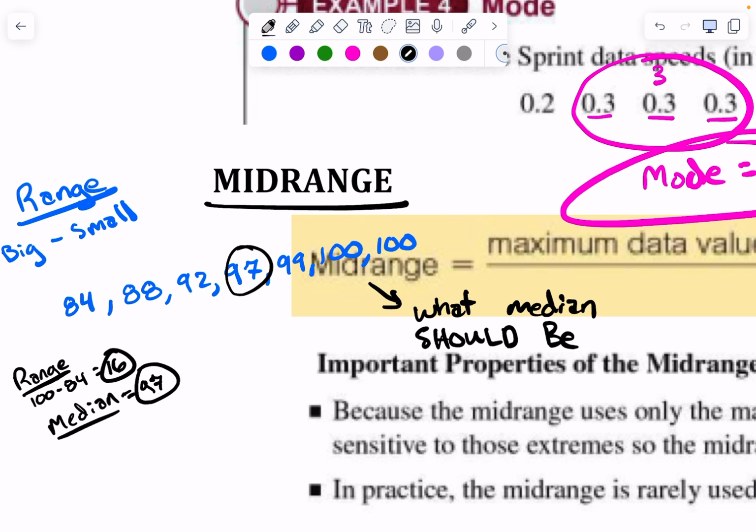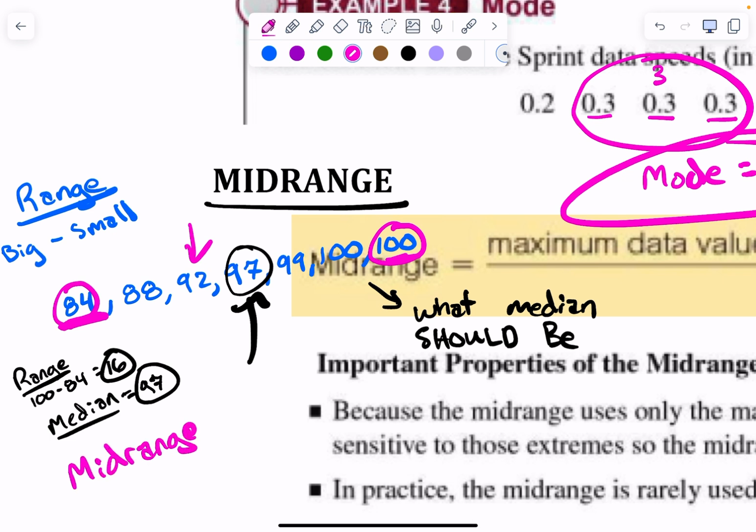We have the median as a 97, but what should my middle number be if my lowest value is an 84 and my highest value is 100? 92. If I add those together, 84 and 100 is 184. If I divide by 2, 92 should be my middle number. The mid-range is the average of the big and the small. Rather than subtracting them to find the range, your mid-range is finding the average of them. It's what your median value should be, right?